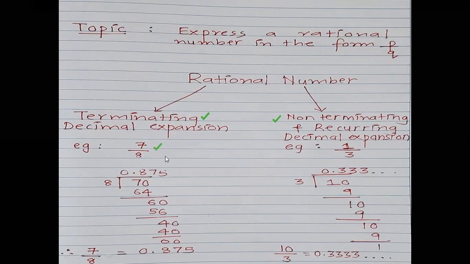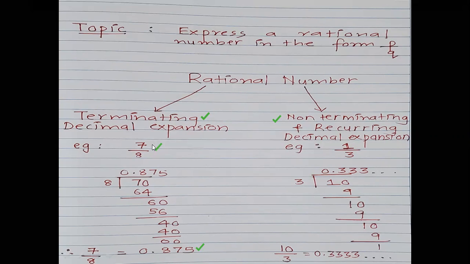Now, over here, you can see that when 7 upon 8 is carried out, when 7 gets divided by 8, you actually get 0.875. You can see the answer over here. You can observe that the decimal places actually stop after 3 places.